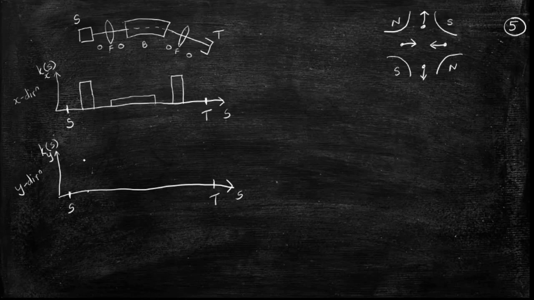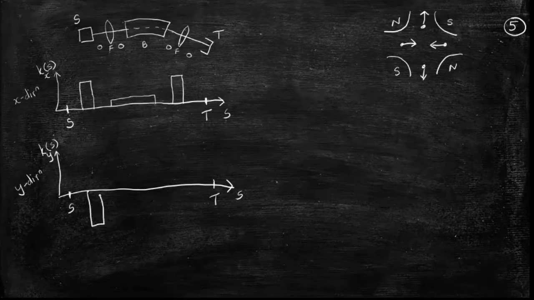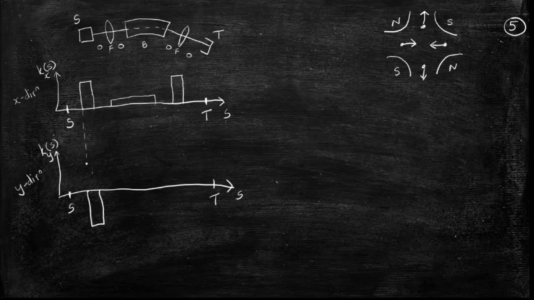Here, since the quadrupole lens you have used is focusing in the x direction, by default it will be defocusing in the y direction. Then you have a bending magnet which is bending in the x direction. It is not doing anything in the y direction. So just let us have all of these dotted lines first.